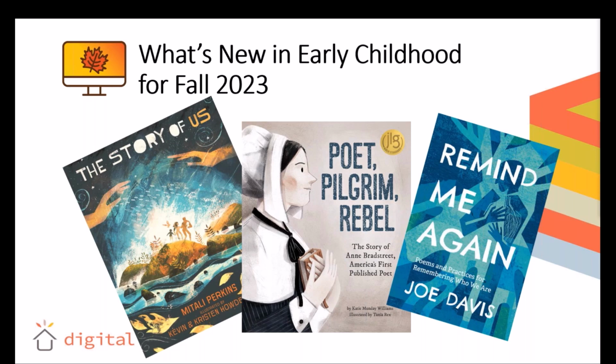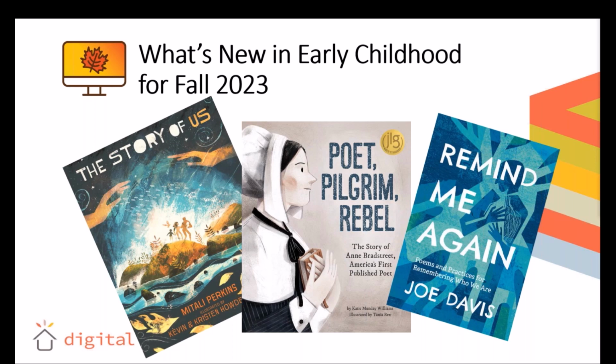For the children's module, a beaming book called Poet, Pilgrim, Rebel, the story of Anne Bradstreet, America's first published poet. And then something that's near and dear to my heart, because I just got a chance to work on some video by Joe Davis, in which he's reading some of the poems from Remind Me Again. We have created reading guides for the youth on some of the poems in Remind Me Again.